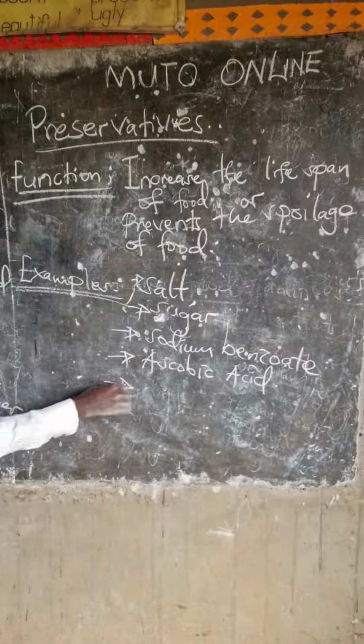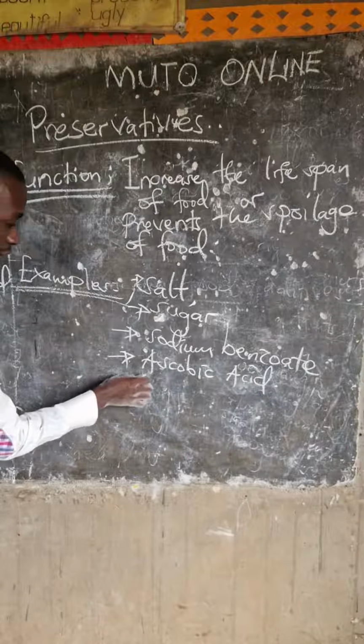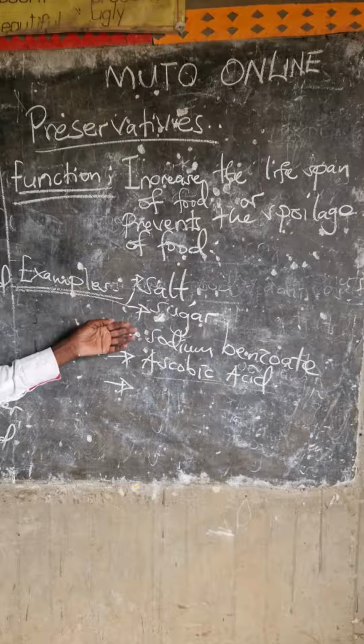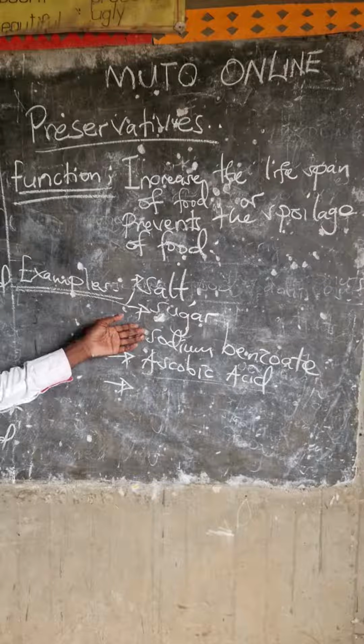This ascorbic acid is used to preserve acidic foods, while for the non-acidic foods we usually use sodium benzoate to preserve them.